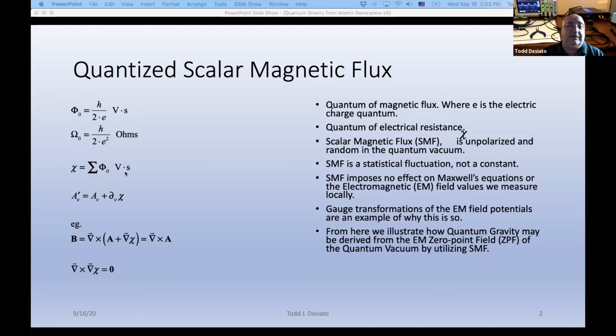And this gives you this value that we take the gradient of, and we get a modified electromagnetic vector potential. And this doesn't change the electromagnetic field E and B. For example, B is still the curl of A and the curl of a gradient is 0, so it has no effect on that.